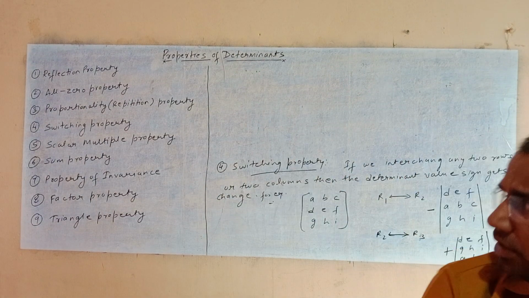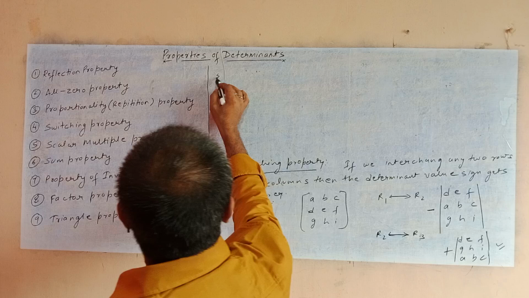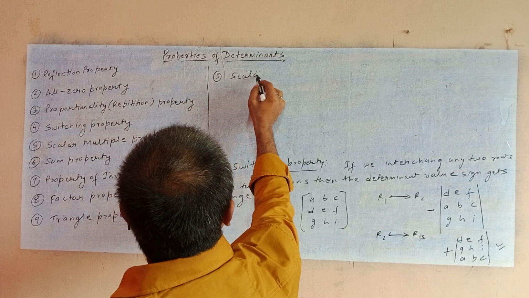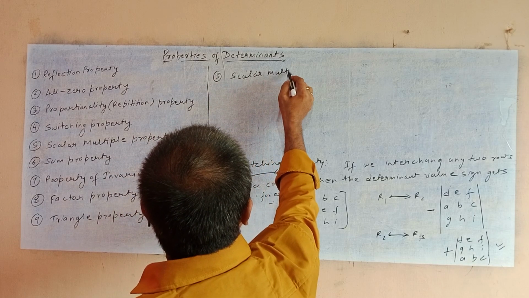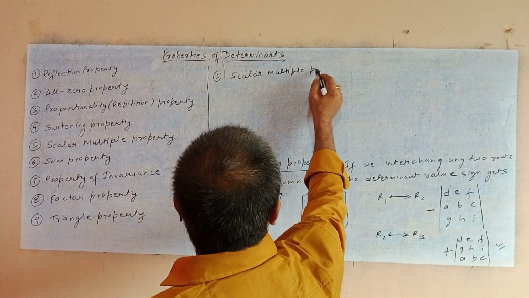Okay, so next one is fifth one, scalar multiple property.